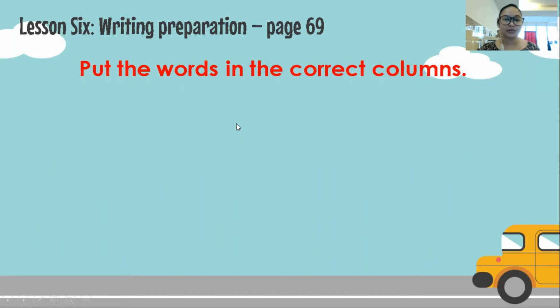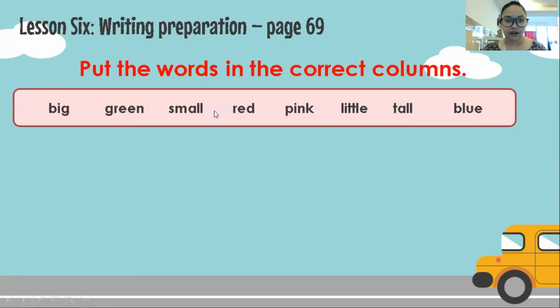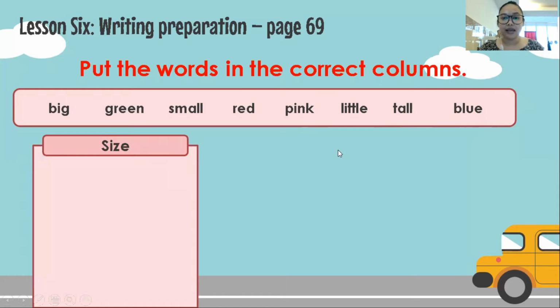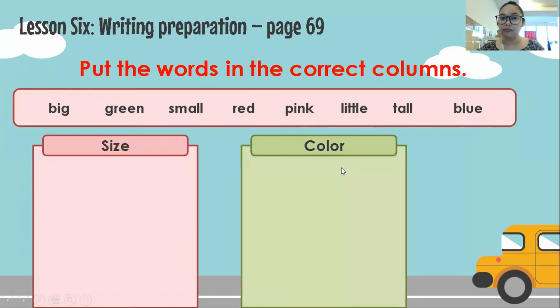Okay, get your pencils. Put the words in the correct columns. We have here a word bank, and then we have the words big, green, small, red, pink, little, tall, and blue. So we have two columns. First, we have the size, and then we have the color.